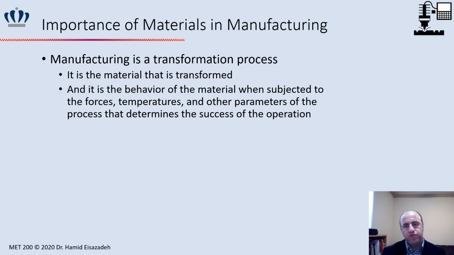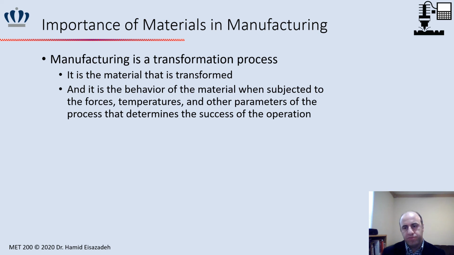In this lecture, I will be speaking mostly about material, and material is very important in manufacturing processes because it's the material that is going to be transformed, and it is the behavior of the material when it is subjected to particular force, temperature, for example, and other physical parameters that will determine the success of the operation.